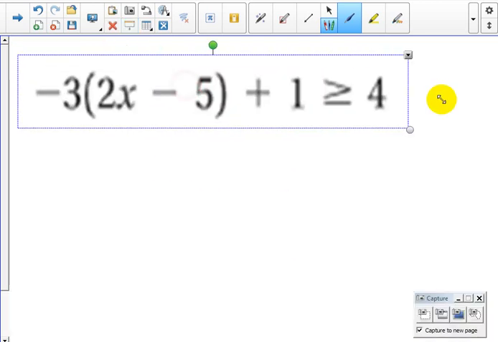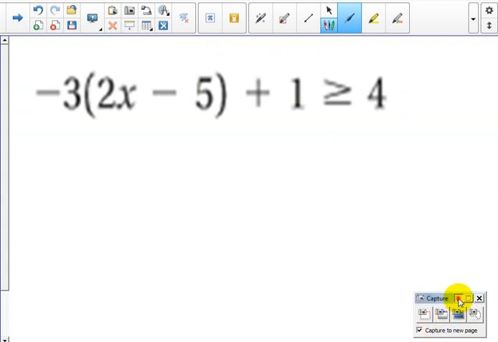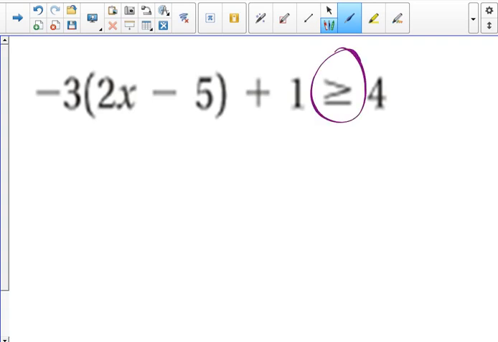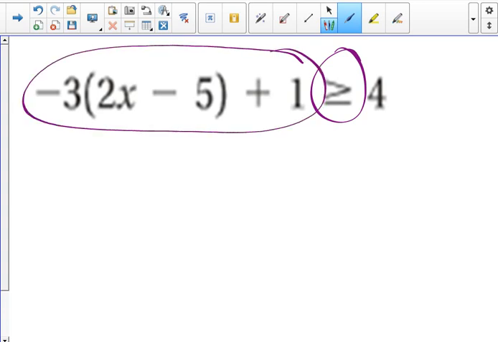All right, here we go. So we're going to look for our symbol. There's our symbol, greater than or equal to. So all the work we've got to do over here. Right, so let's get busy on this.